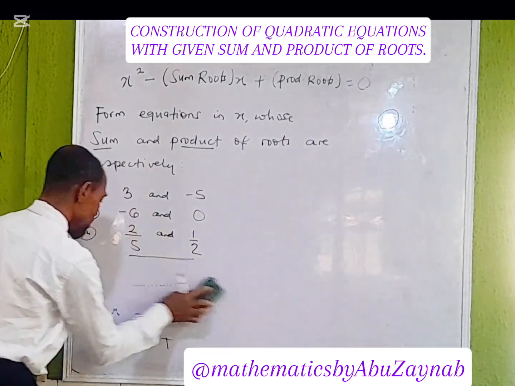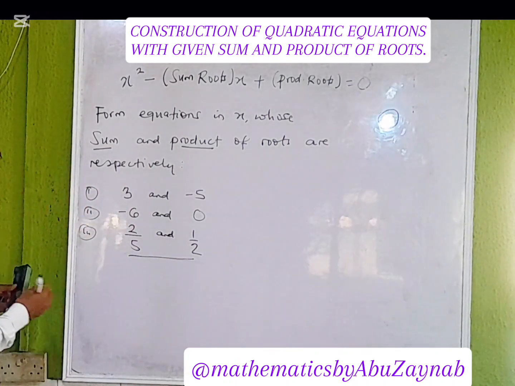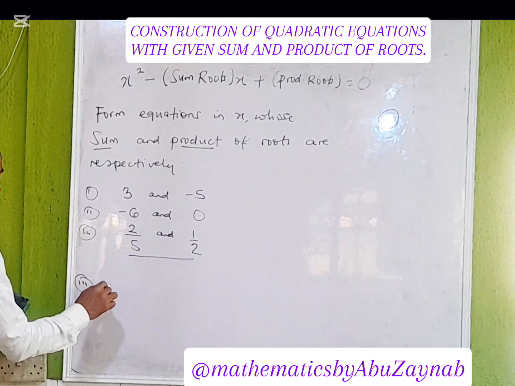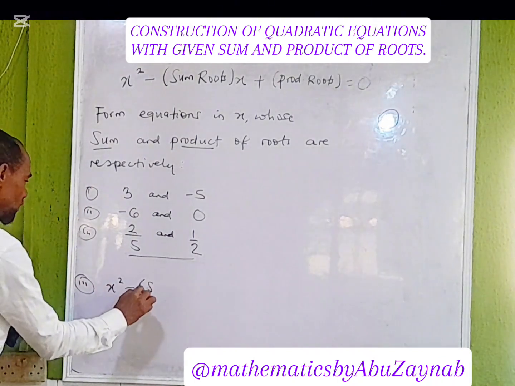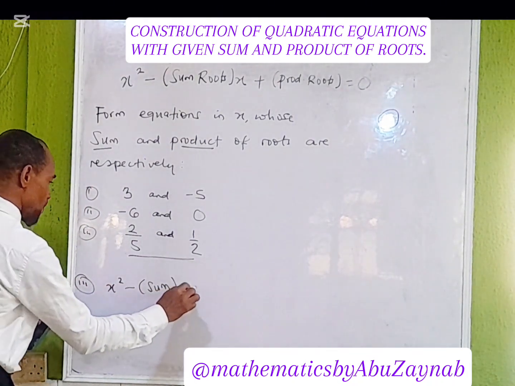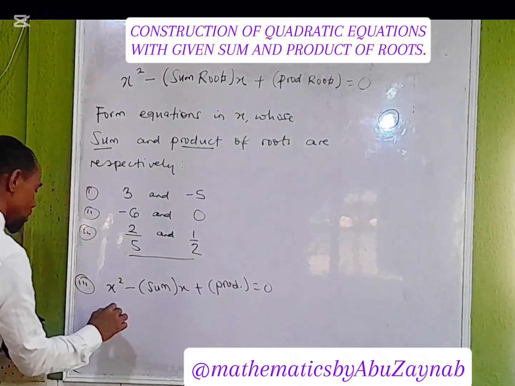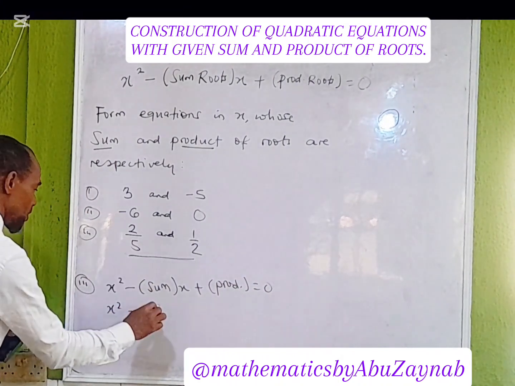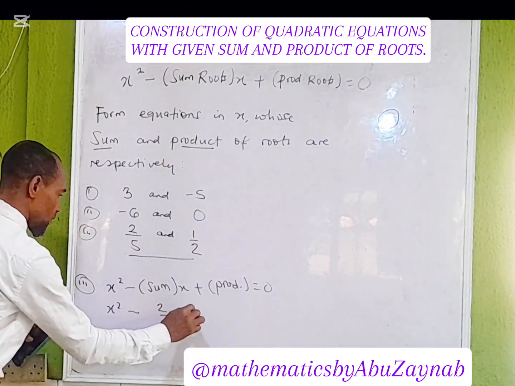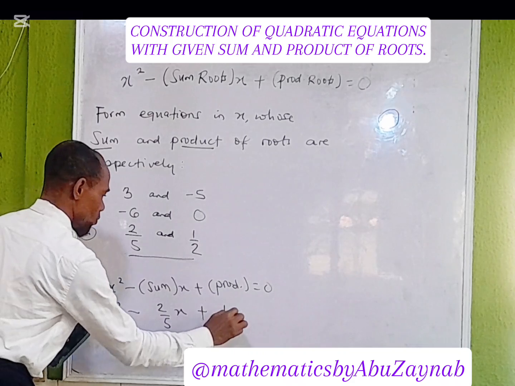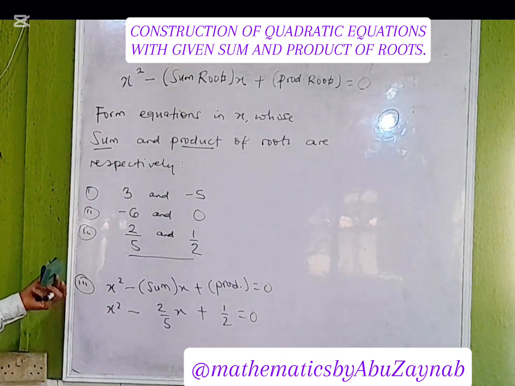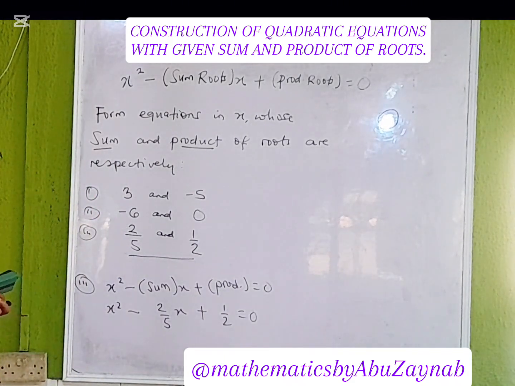And lastly, we have x squared minus, still the same formula, sum plus product equals 0. So we have x squared minus the sum here being 2/5 x, and the product is 1/2 equals 0. And as usual, you have to clear the fractions here.